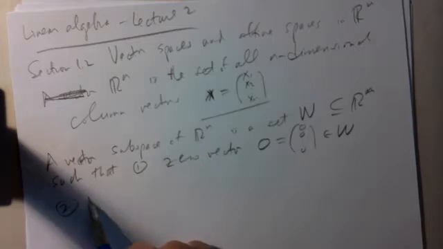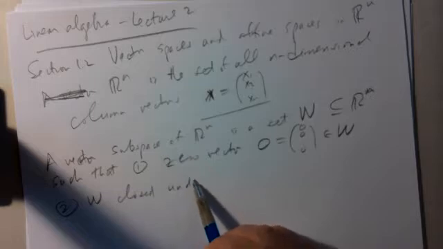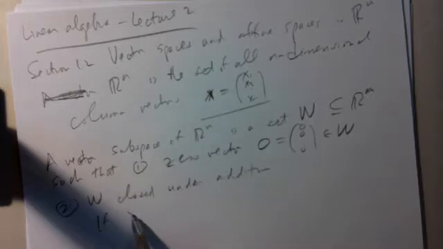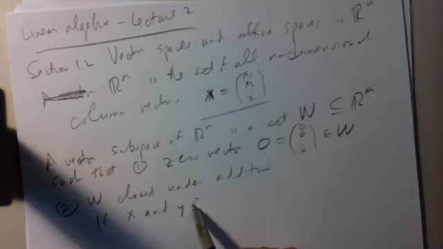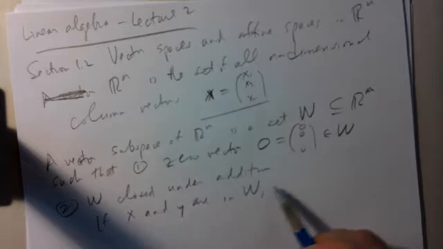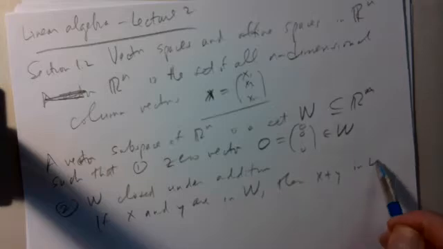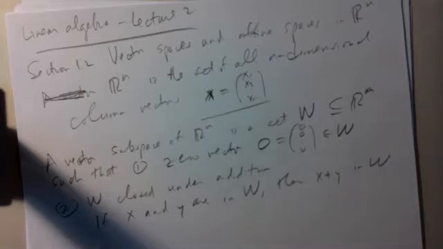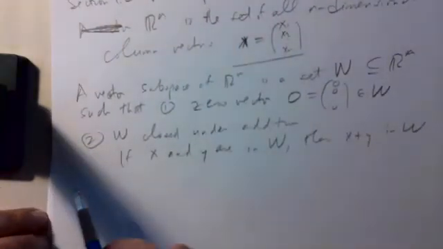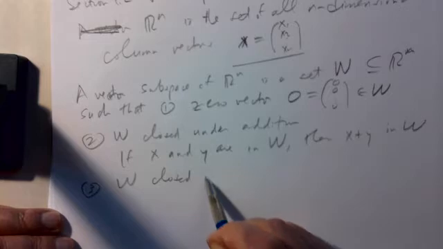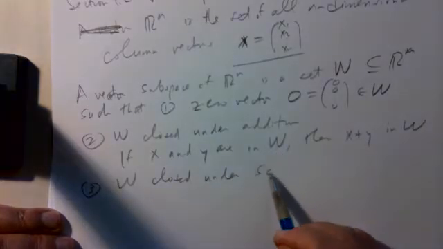Second, W is closed under addition. This means that if X and Y are in W, then the sum of the vectors X plus Y is also in W. And the third property is W is closed under scalar multiplication.